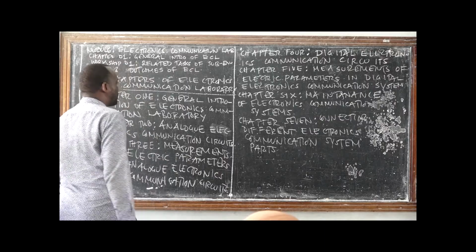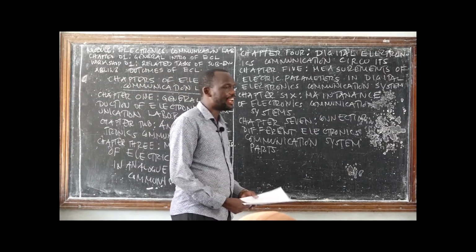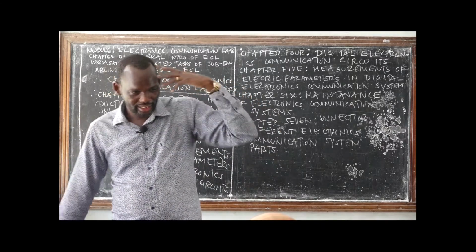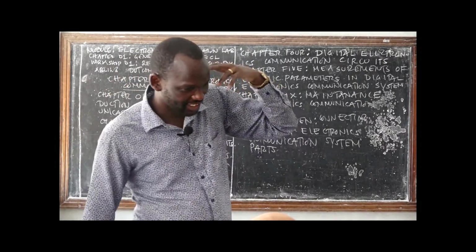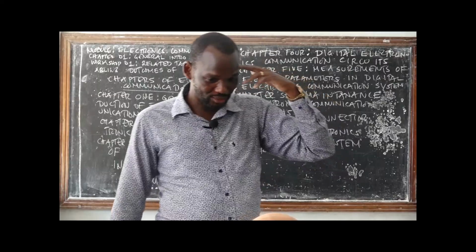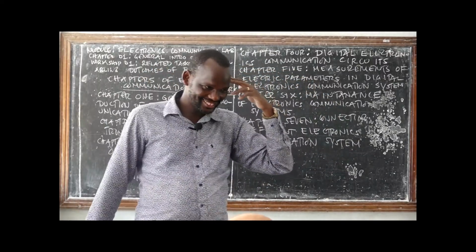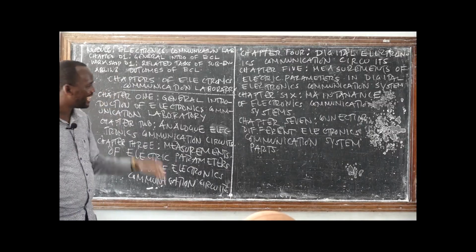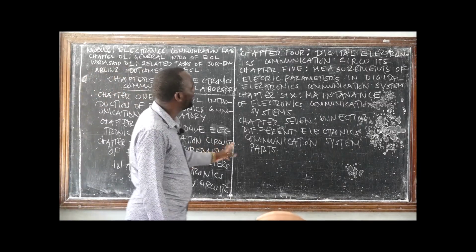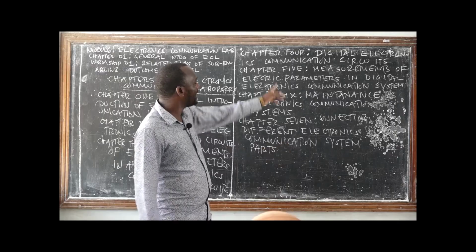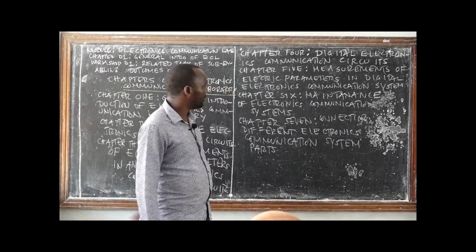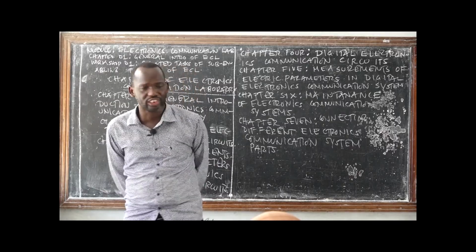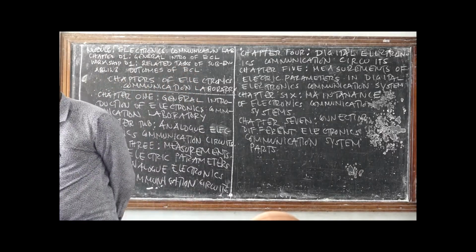So class, stop writing. Where did we end? Make sure to write the information. Measurements of electrical parameters in digital electronics communication system.